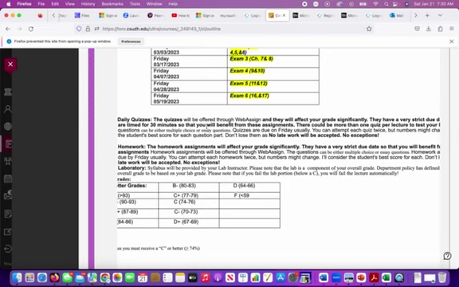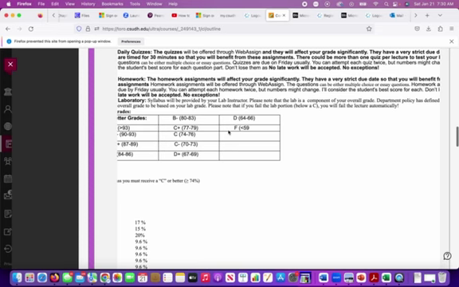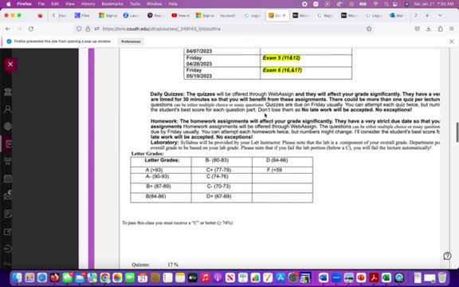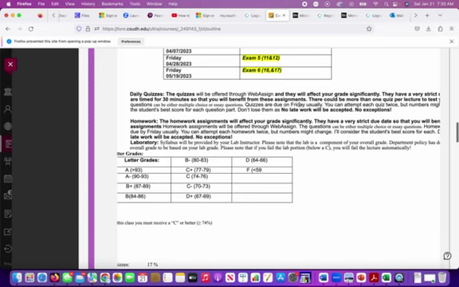The quizzes will be offered through WebAssign. They will affect your grades significantly. Some of the students will not start working on them now, and they're gonna say, "Oh no, they are not actually important," and then they're gonna lose a lot. Okay, and that is my advice for you from day number 1.